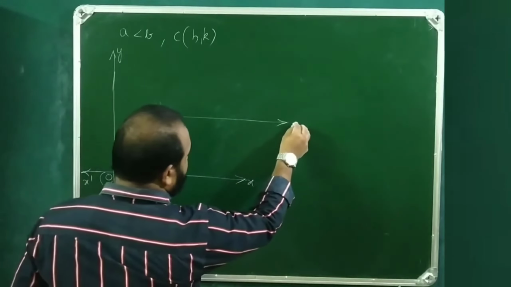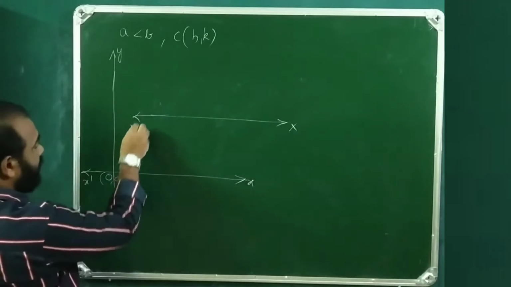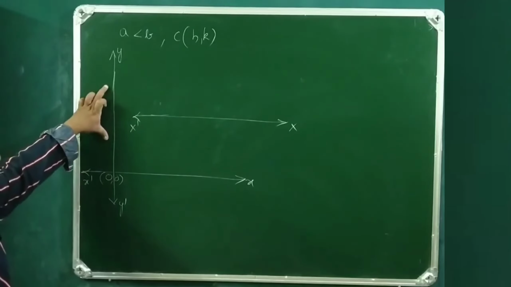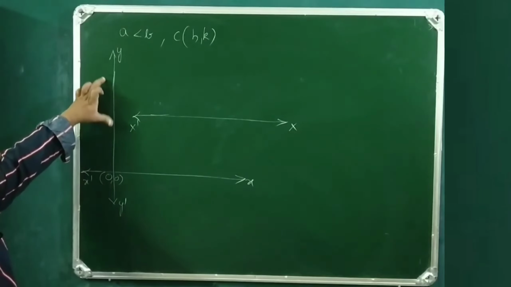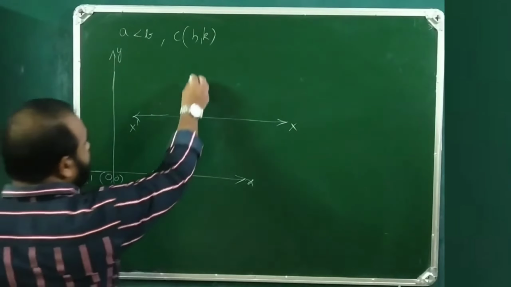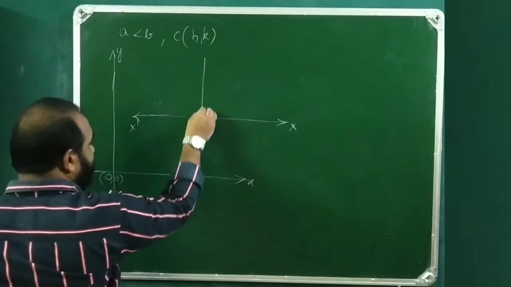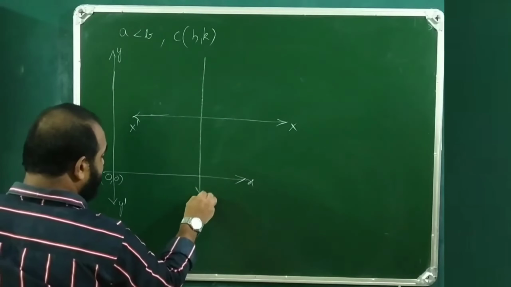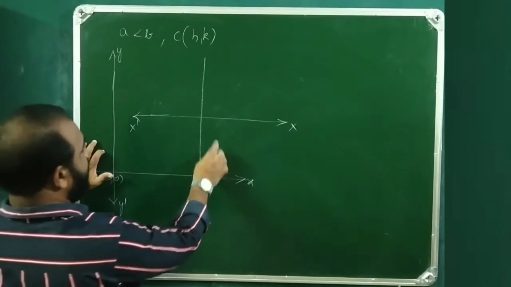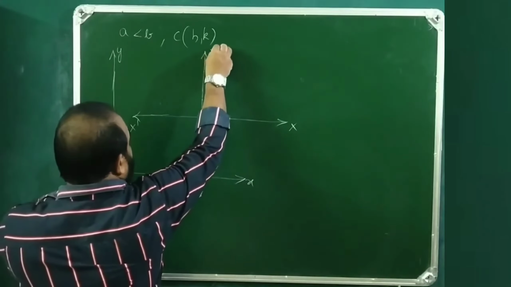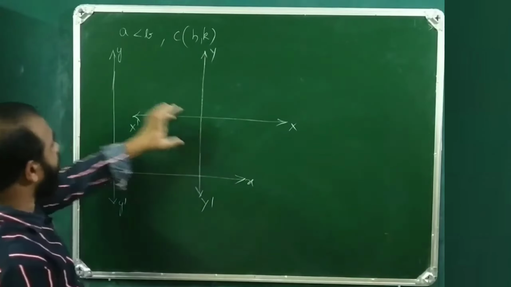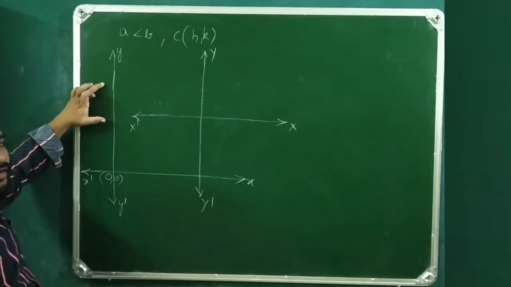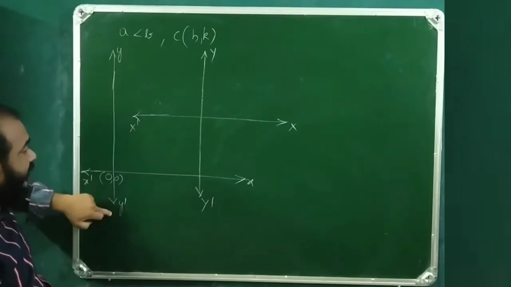And without changing the y axis, the new y axis is this, and this new axis is capital Y dash, parallel to the old y axis, small y dash.